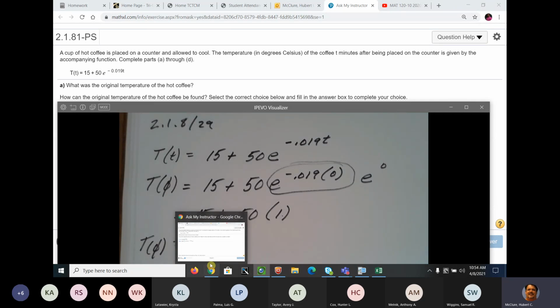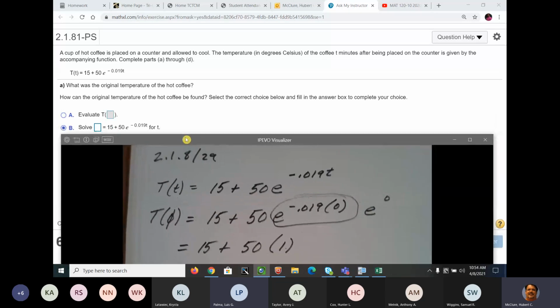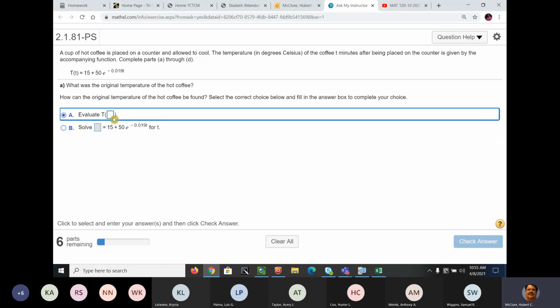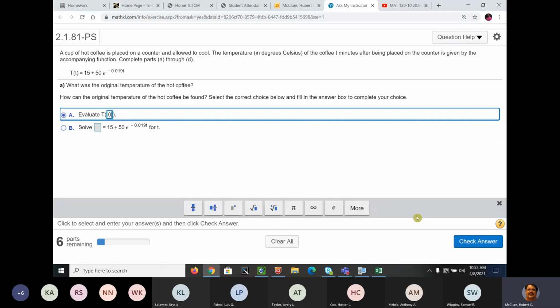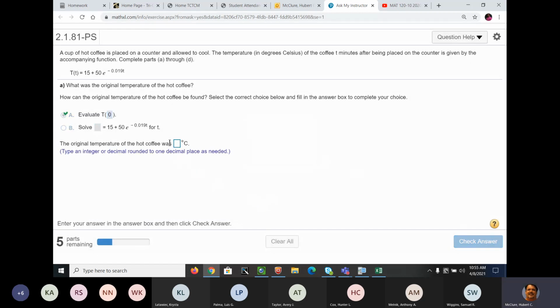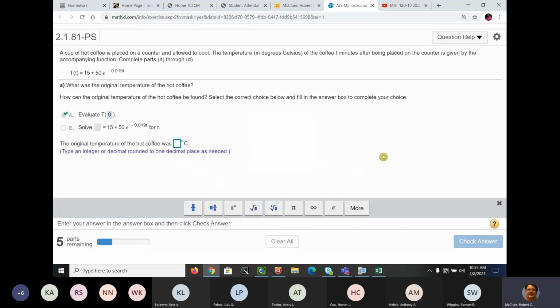So I don't think you're going to be able to get the original temperature. Huh? I was just saying it was in Celsius. Oh, Celsius. Okay. So that would be T of 0. Thank you. Evaluate at T of 0. And 65 degrees Celsius.